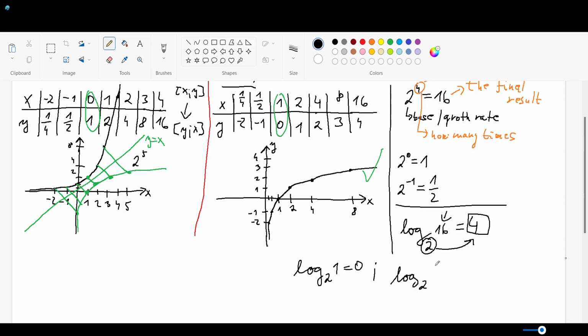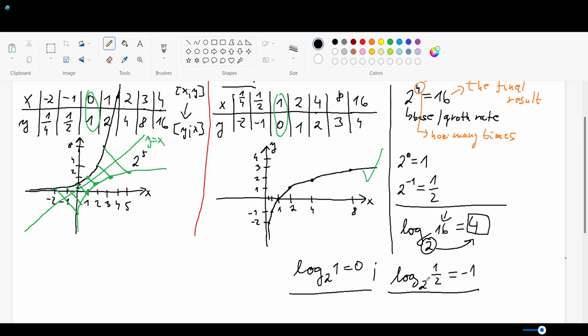Log base 2 of 1/2 is equal to, we already know that this is negative 1. But when was it when I was half size? Yes, it was 1 step backwards, so this is the result of log base 2 of 1/2.